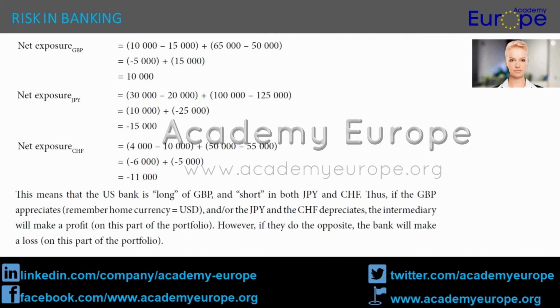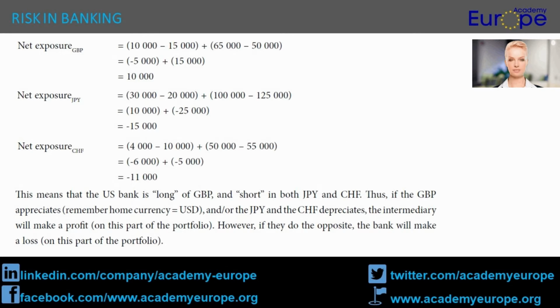Net exposure GBP, net exposure JPY, net exposure CHF. Equal 10,000 - 15,000 + 65,000 - 50,000 = -5,000 + 15,000 = 10,000.